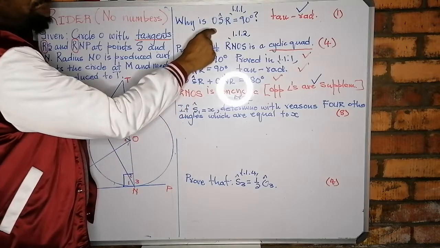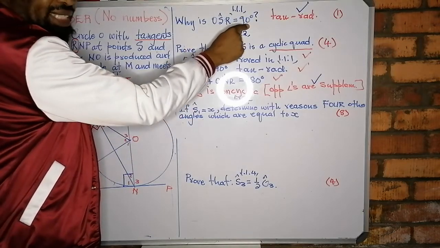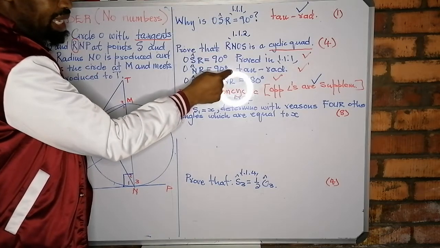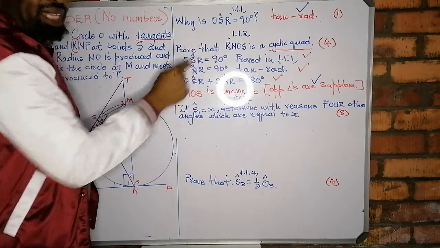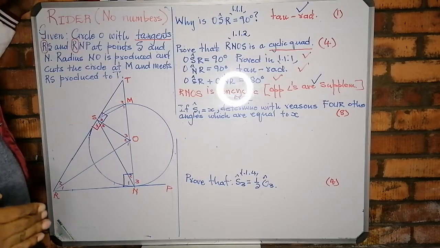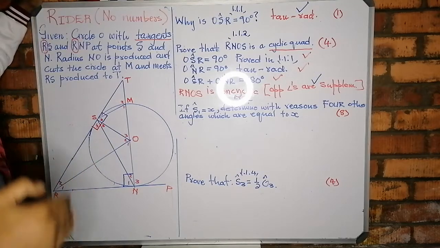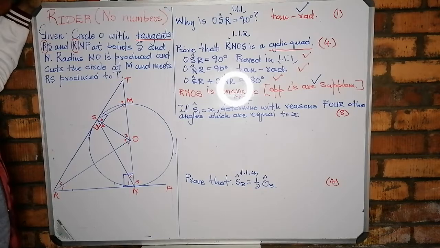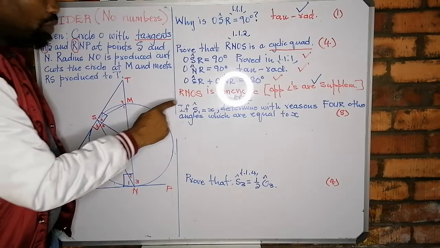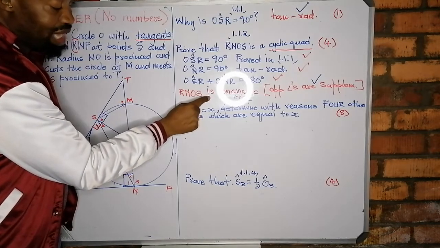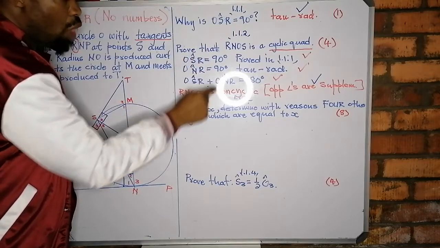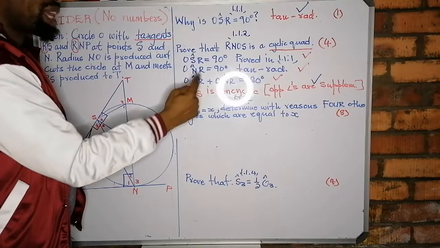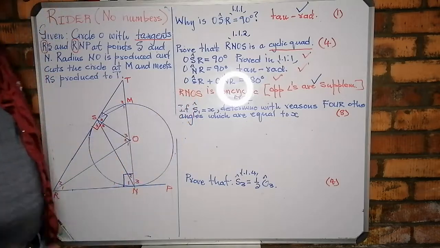Now, remember one thing. If you could not prove that this is 90 degrees, and you must use it here, remember it is 90 degrees. We will never say to you, prove that something is this if it is not that. We are not like that in mathematics. If you could not prove that it is a cyclic quad, and in the next question you must use the fact that it is a cyclic quad, use it.